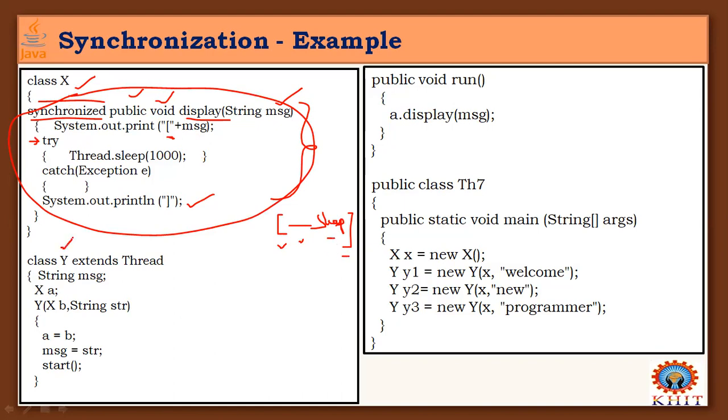And I have another class called Y that extends Thread. Here I'm creating an object of that X class, and I'm passing that object of class X into this constructor of Y, indicating that this class X object is assigned, initialized when I'm creating this with some value, okay, right?